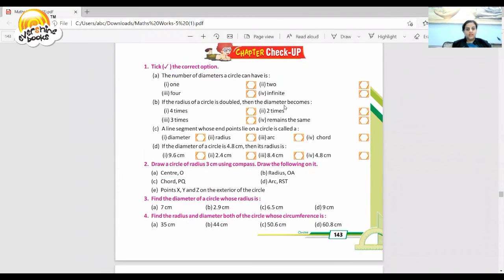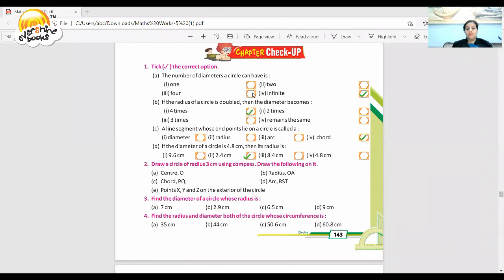Here, the number of diameters a circle can have is infinite, because diameters can cross. So when you make the circle, you will come to know how many diameters of a circle can be drawn.